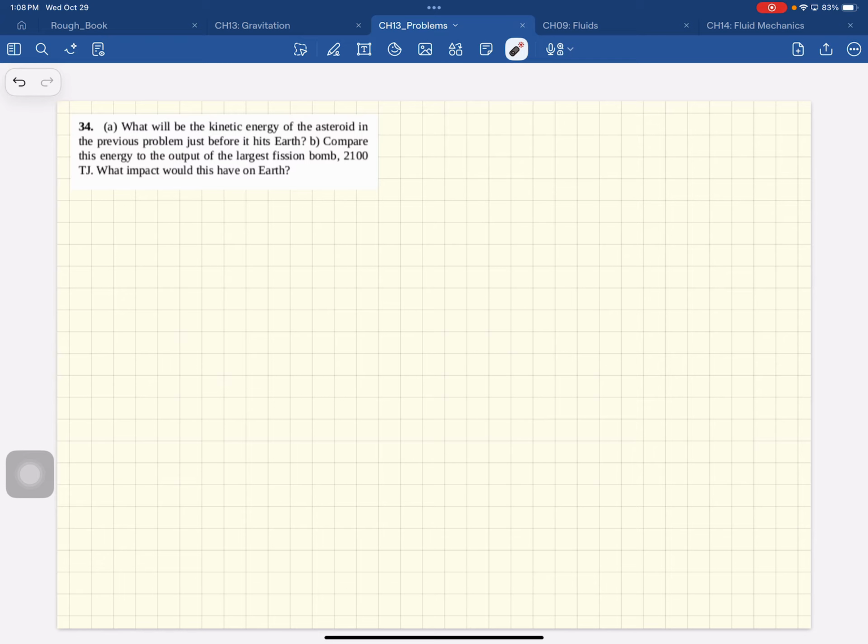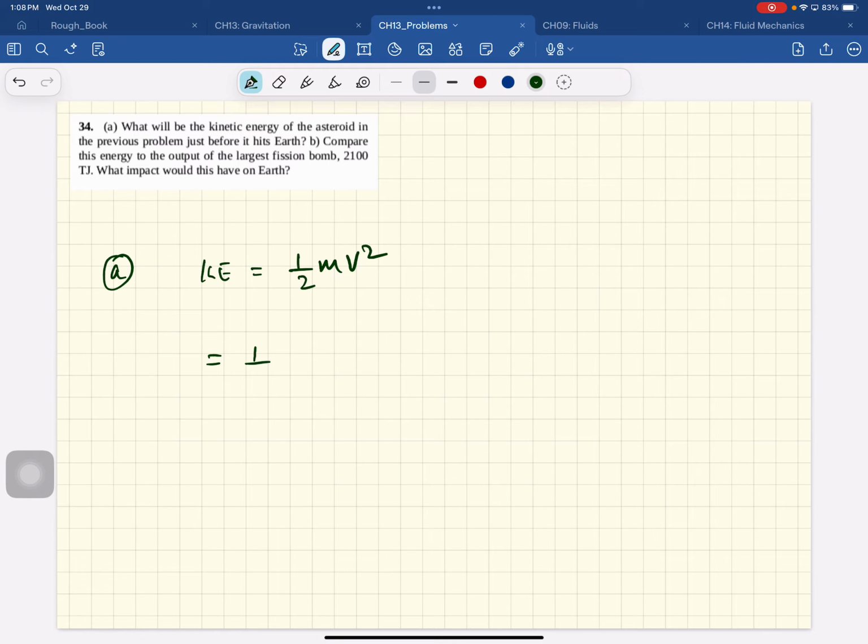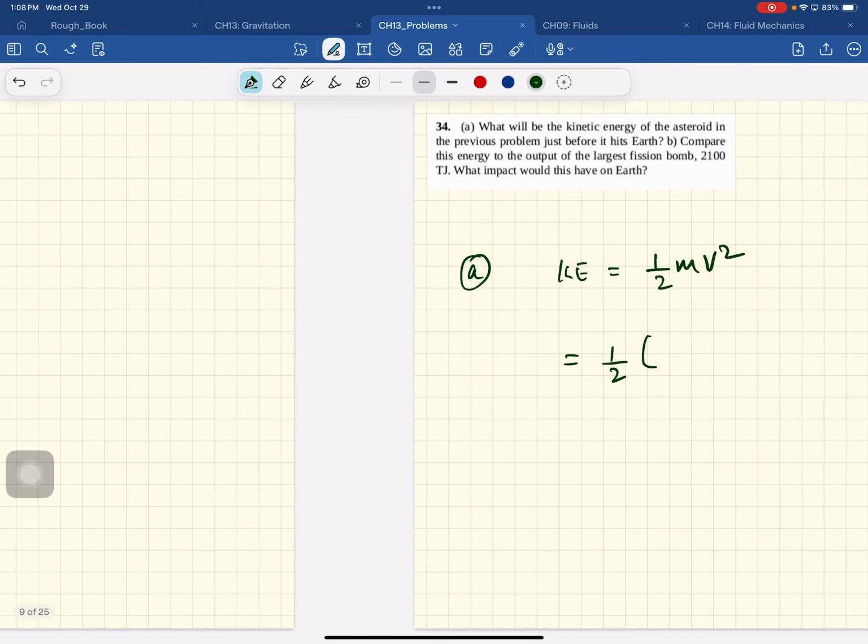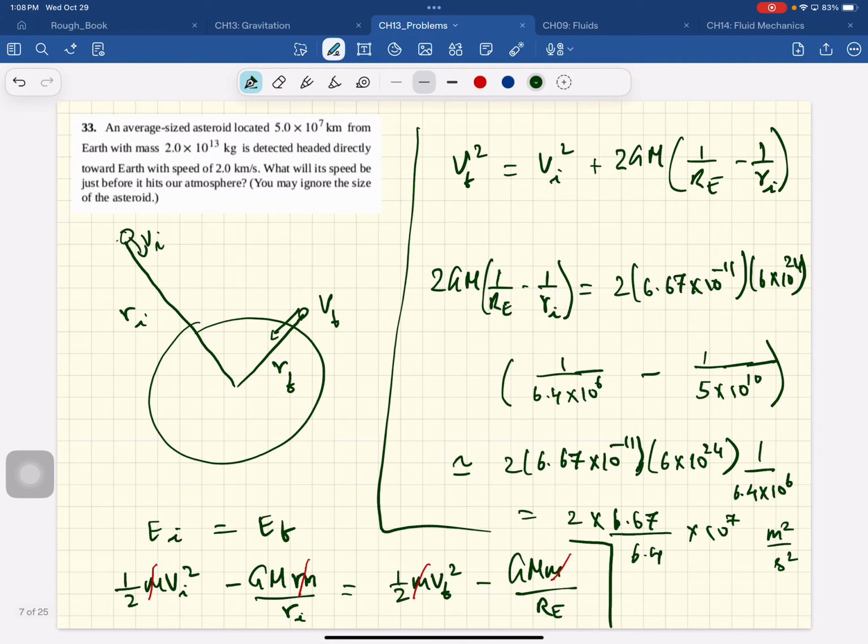So kinetic energy of the asteroid is 1/2 m v squared. 1/2. The mass of the asteroid is here's the mass. So those 2 times 10 to the 3 kgs.